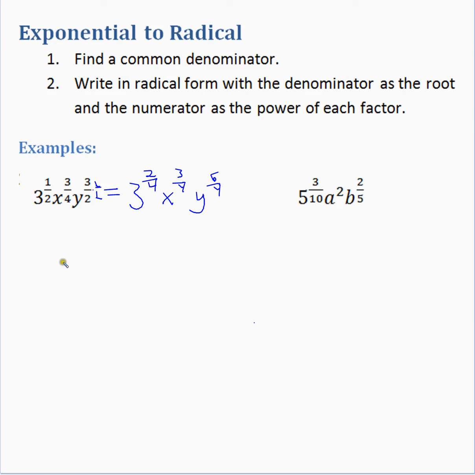Now we can put all of those in a radical. Our denominators are 4, so that is the index here. And then we have a 3 squared. Well, what's 3 squared? That's 9. We have x cubed and y to the 6th.